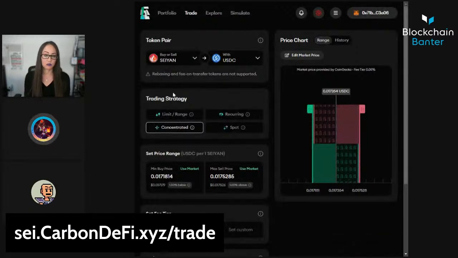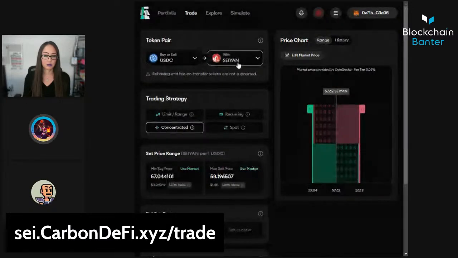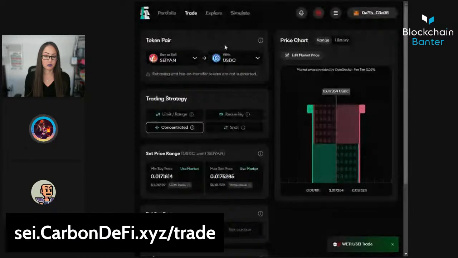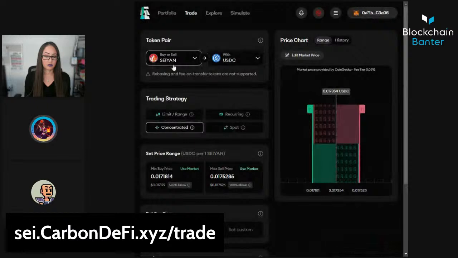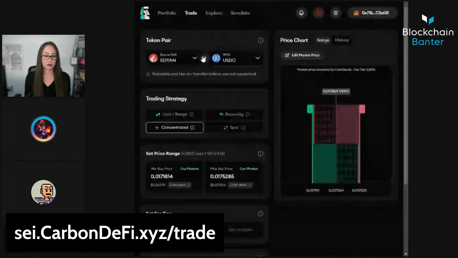Whether you're buying or selling Seiyan with USDC or the other way, that does not matter to us. This is strictly what you're deciding to quote the trading pair in, right? So in this case, USDC Seiyan, right? This Seiyan is the quote or base token. If you flip this around, then you're making USDC the base or quote token. But we just care that the trading strategies are created in the trading pairs which we specify, right?